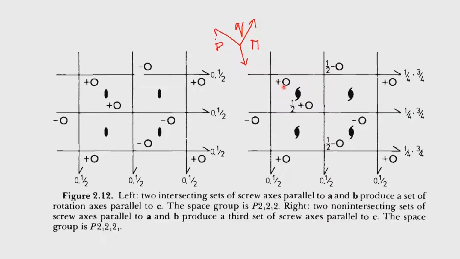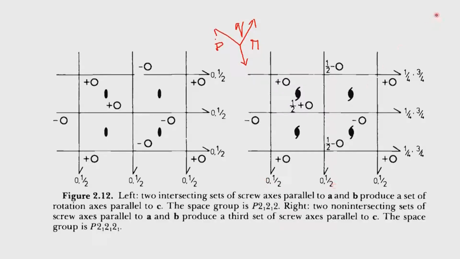What you see here is that you will have two intersecting 2 1 screw axes, and now the intersections are not at 0.5 as you see here, the intersection is at 1/4 and 3/4. That means your first screw axis is going this way, the second screw axis is removed along the unit direction by 1/4. So that means these two are not intersecting with each other, they are non-intersecting. So if the two axes are non-intersecting, then this is not 0 0 0.